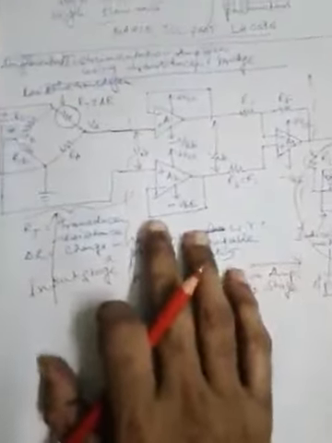Considering these two, this is the output stage, which is the indicator and process controller stage. So in this way we can segregate this whole circuit, and as a whole, we can say this circuit is the circuit of differential instrumentation amplifier using transducer bridge.